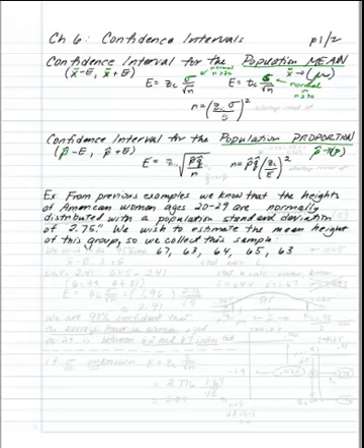Notice the formula is very different. We're only going to be looking at those with z sub c, and under this we have the square root of p hat q hat over n, remembering that p and q are complementary. In other words, q is equal to 1 minus p. Remember that from your binomial distribution.